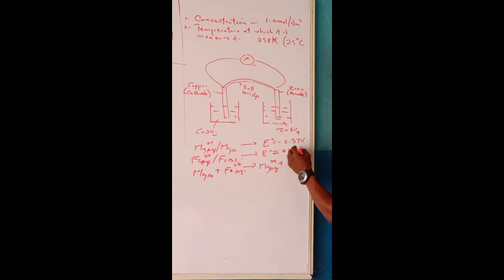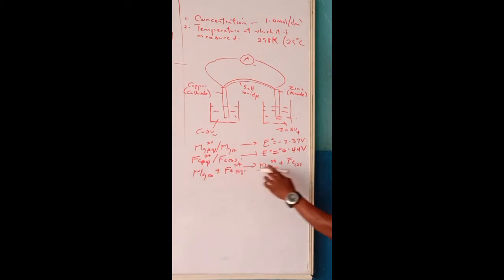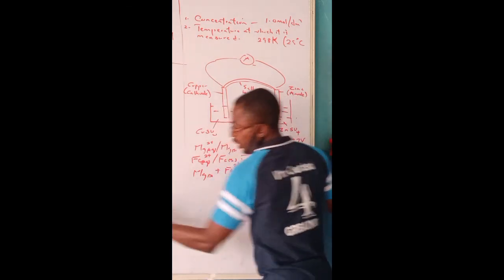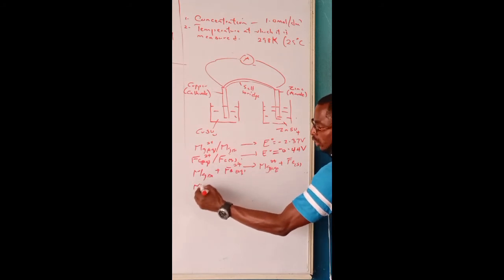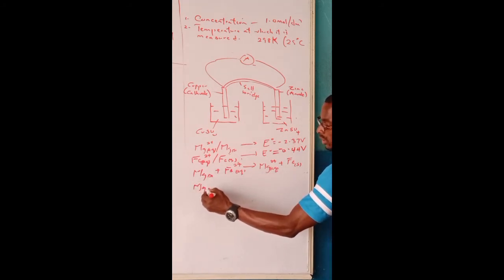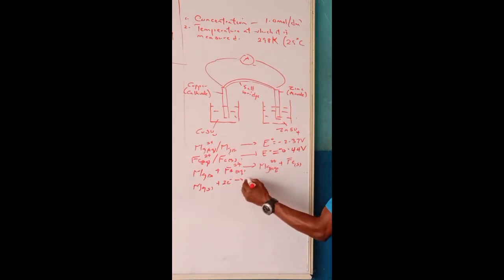Minus 0.444 V. Now, if you look at this, this is going from Mg to Mg2+. If you remember, zinc to zinc2+. So the first one is Mg solid plus 2 electrons will give you Mg2+. That's the meaning of that.